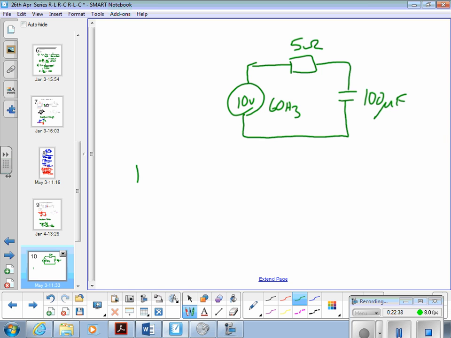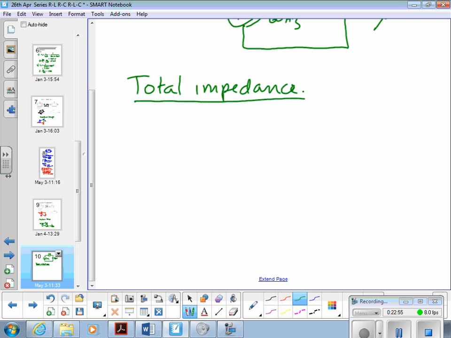So total impedance we could calculate. Again, let's draw this triangle. For consistency, I ought to draw it the other way up. 5 ohms, XC there, Z there, angle alpha there.